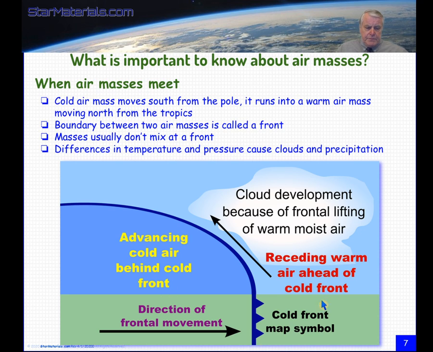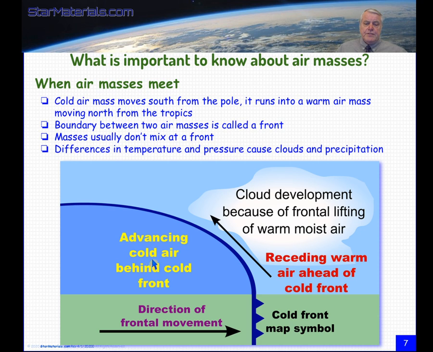So we got something going here. Let's decode this. You got the direction of the frontal movement. The symbols on the map are these little arrows, and they indicate the direction the front is moving.